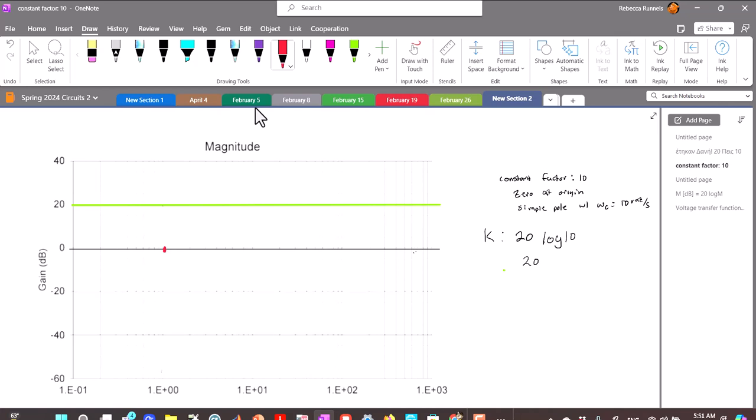So a decade is from 1 to 10, or from 10 to 100, from 100 to 1,000. So there to there. There to there.